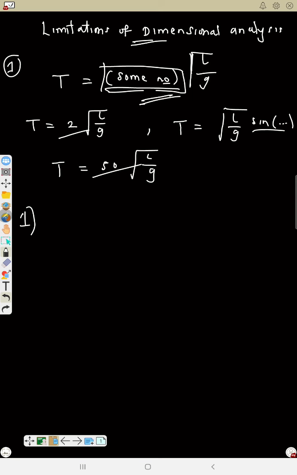So dimensional analysis does not tell us about the dimensional constant, which I represent as some number. So number one limitation, get it again: the dimensional analysis doesn't give us information about the dimensional constants. So put it that way.